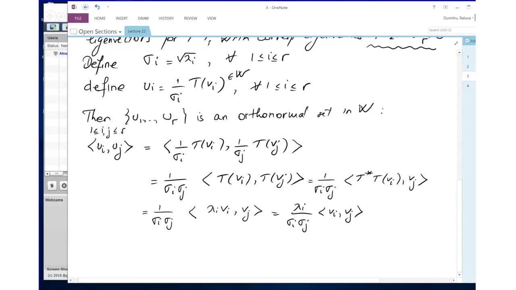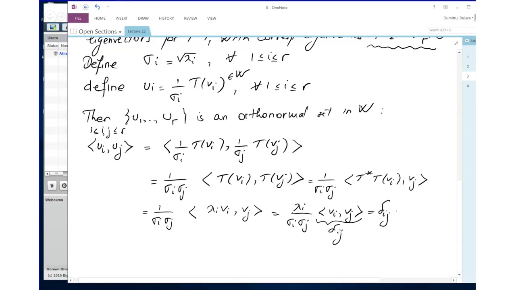So we get lambda i over sigma j times the inner product between v_i and v_j. The vectors v1 through vn form an orthonormal basis for V, so they are an orthonormal set, and this is delta ij. So we automatically get 0 if i and j are not equal, right?